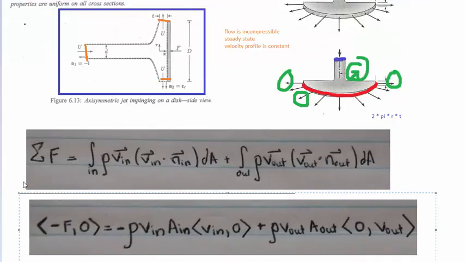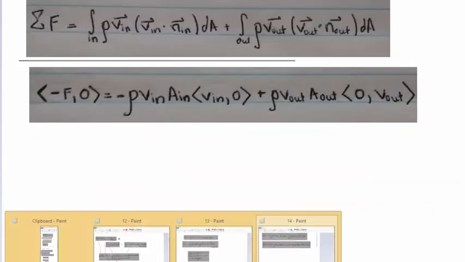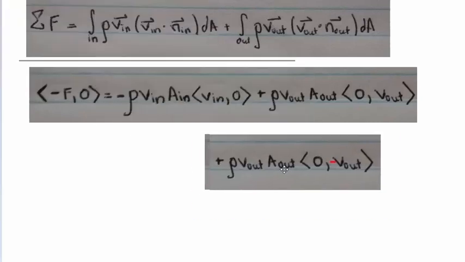So again, this force pointing left. The dot product here, because it was an inlet, evaluates to negative V in, and over here evaluates to positive V out. And like I said a second ago, because of the geometry in the picture, we need to account for that by having this.